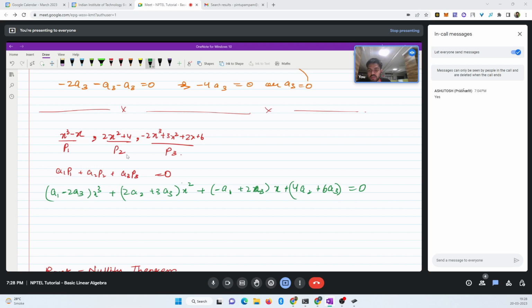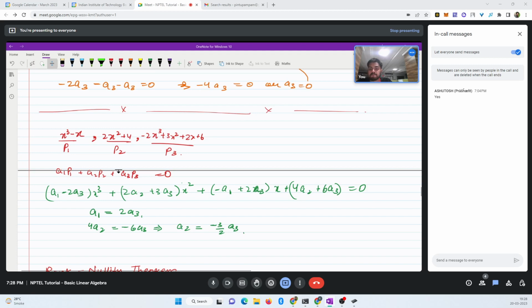Now the first term gives us a1 is equal to 2a3. The second one gives us 4a2 equal to minus 6a3, so a2 is equal to minus 3 by 2 of a3.